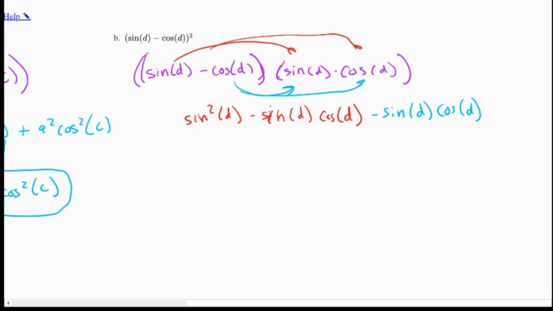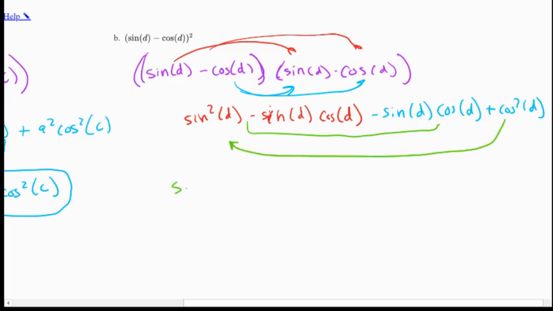And the last is going to be plus cosine squared d. And so the last two things here, I'm going to condense these two together because they're the same thing. And I'm going to move this one around to show you something. So I have sine squared of d plus cosine squared of d minus 2 sine d cosine d.